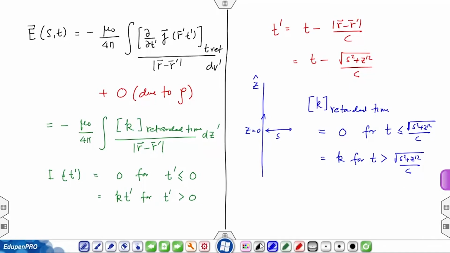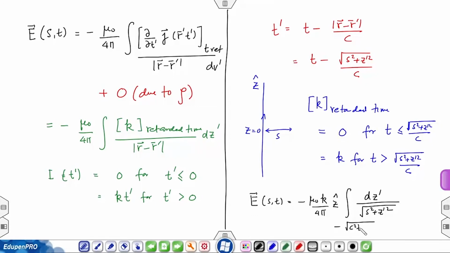So, what I am going to have then is E(s, t) equals minus mu naught k over 4 pi in the z direction, integral dz prime over square root of s square plus z prime square from minus square root of c square t square minus s square to plus square root of c square t square minus s square.